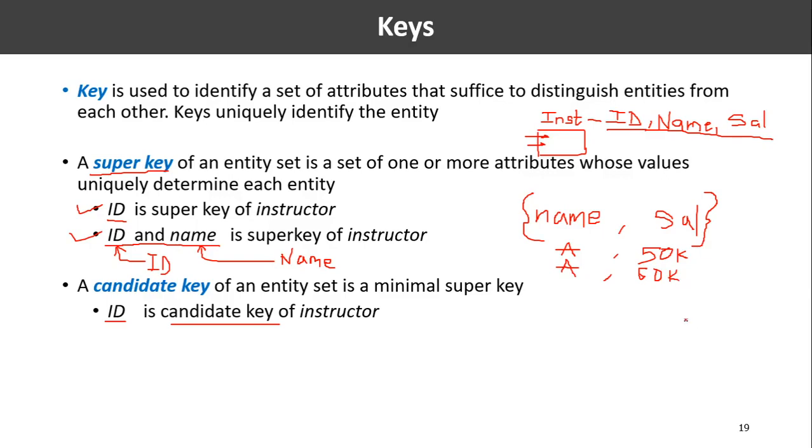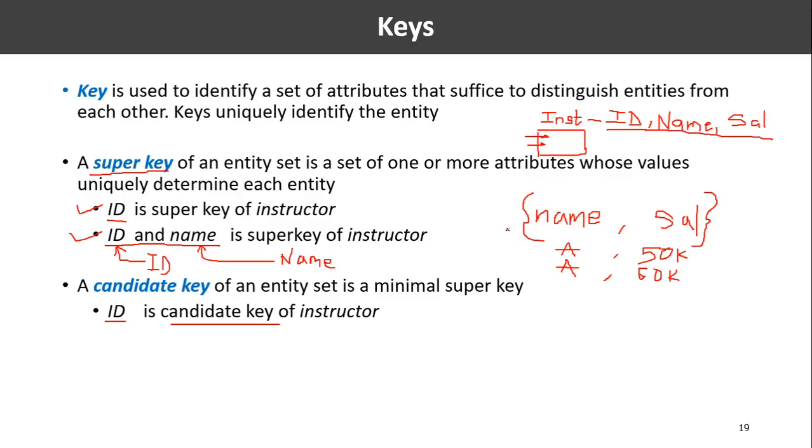With this assumption we may say that now name salary is my super key, because if I consider this combination name along with salary, even though the names are same, the salaries are different, and that is why this combination name salary can be treated as one more super key.